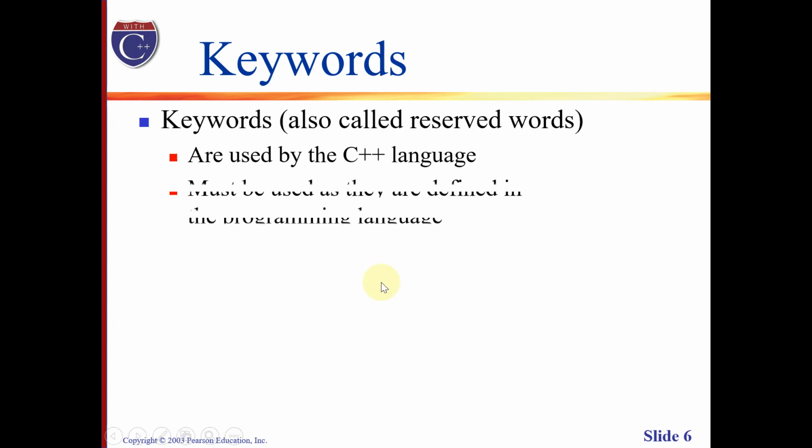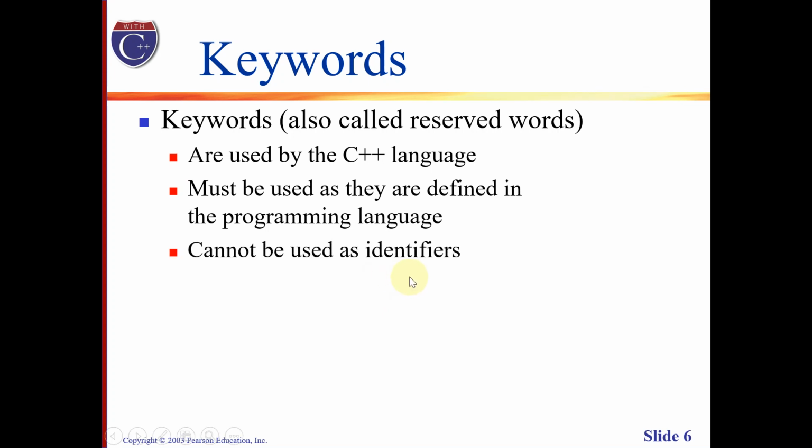Therefore, it must be used as they are defined in the programming language. Hence, we can't use them as identifiers. And talking about variables, we can't use variables that are not declared. Otherwise, it will generate a syntax error.